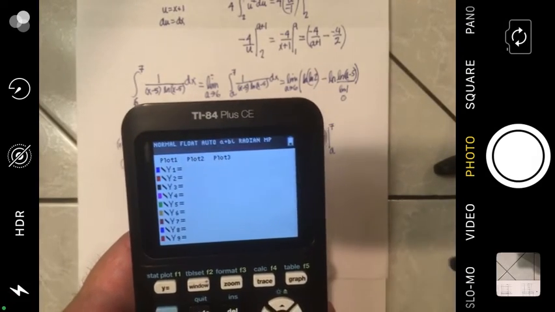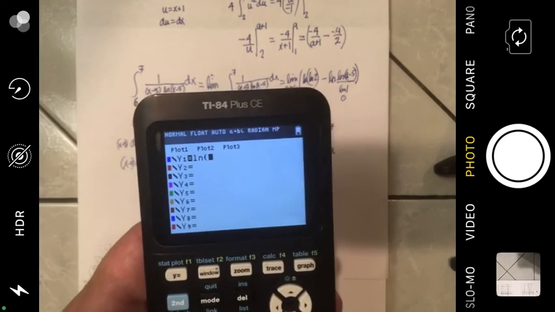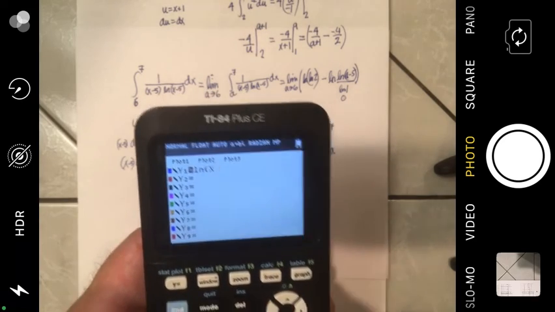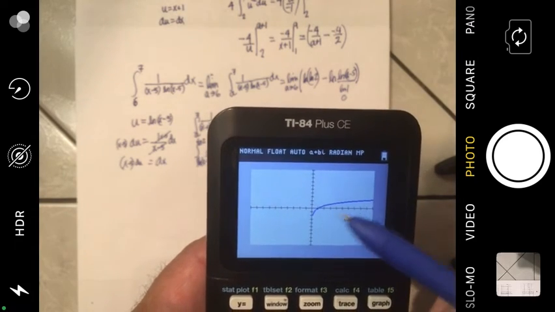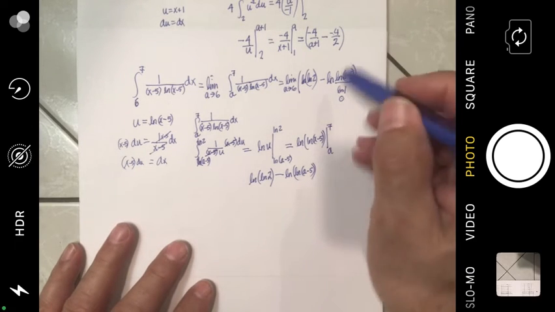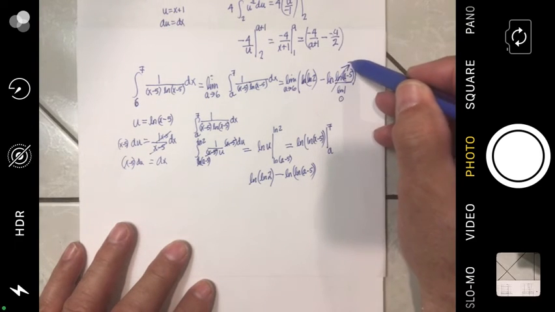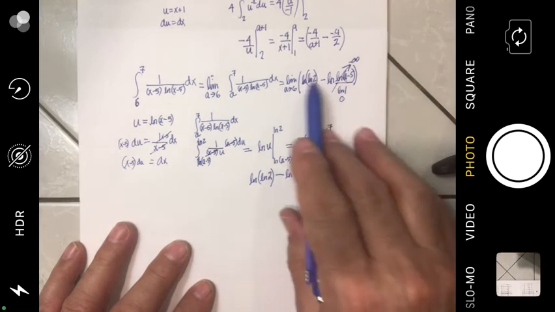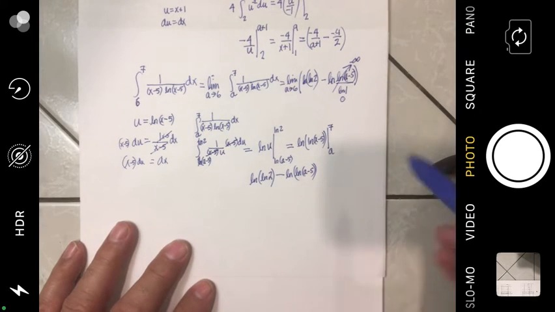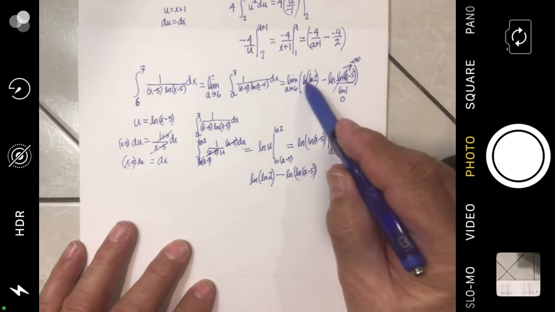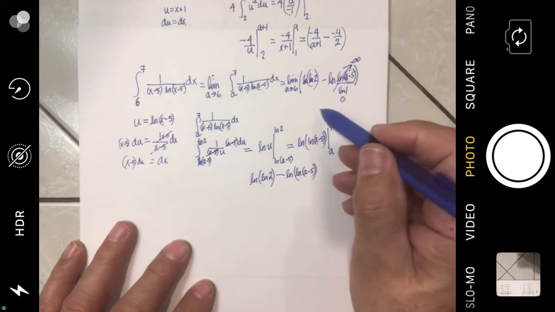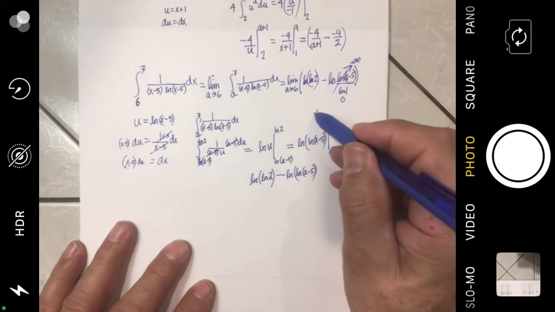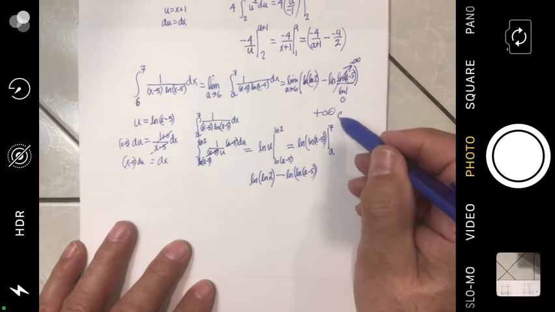Clear that one, and I'm going to do ln of x and look at it and see what happens as we go towards 0. It goes off to negative infinity. So this part goes to negative infinity. So this does not have a value. It has this value minus infinity, which goes all of this goes to positive infinity. So it's divergent.